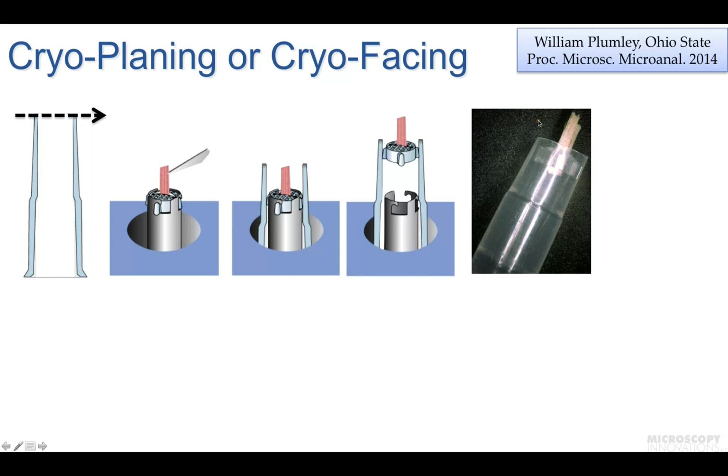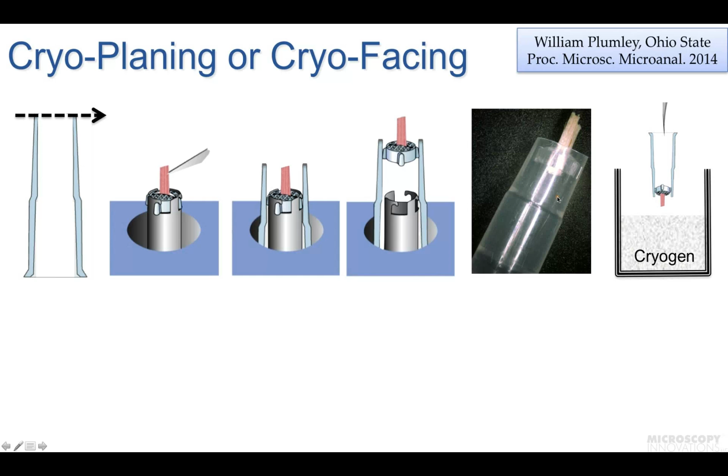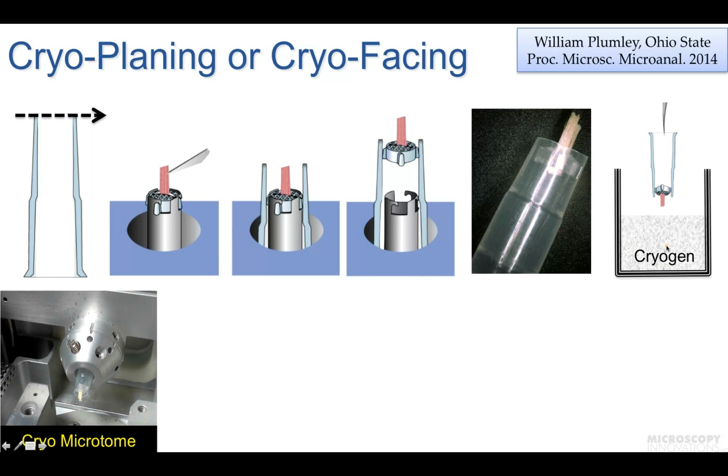And here's a photograph of what this looked like. So here we have a tissue sample, and this is a woody plant tissue, so that's why it looks the way it does. And this was kept wet until processing. The sample was rapidly frozen in a cryogen, in this case liquid nitrogen slush. And because the tissue extends proud of the capsule, the chilling rate of the tissue as it hits the cryogen is very, very good. Once multiple samples were prepared and then stored in the cryogen, liquid nitrogen, at this point, they could then be transferred to the cryomicrotome.